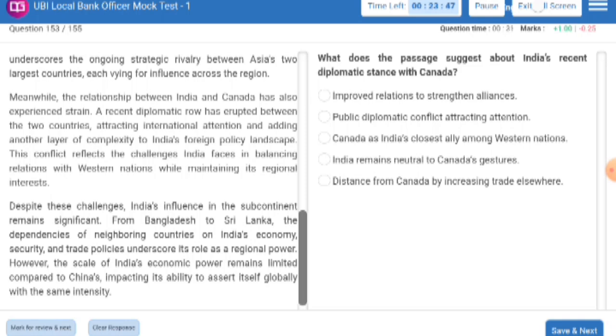Regional interest. Diplomatic and attracting attention.